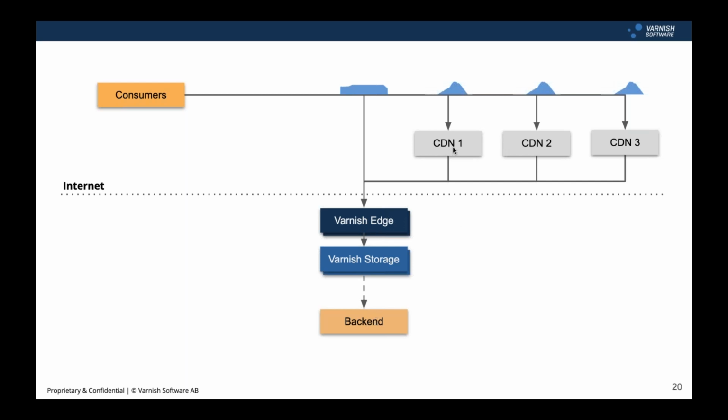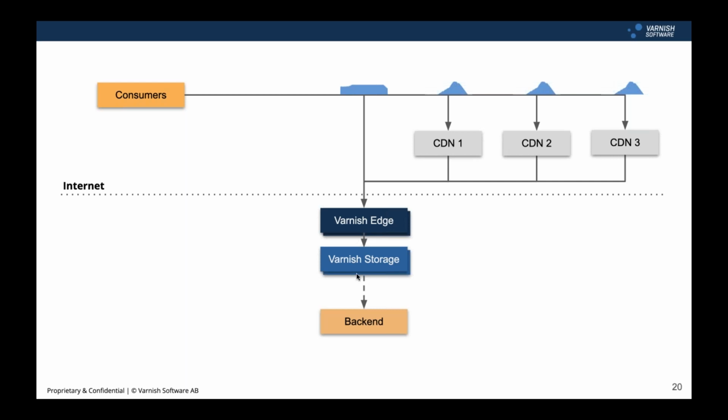Because in a scenario like the previous one, where 3 different users going to 3 different CDNs are requesting the same piece of content, the CDN will indeed trigger a backend request, but it will be Varnish this time to handle this request. So the backend will only see a single request coming from Varnish, and Varnish then will cache the content and distribute it to either the end users directly or to the CDN in place.